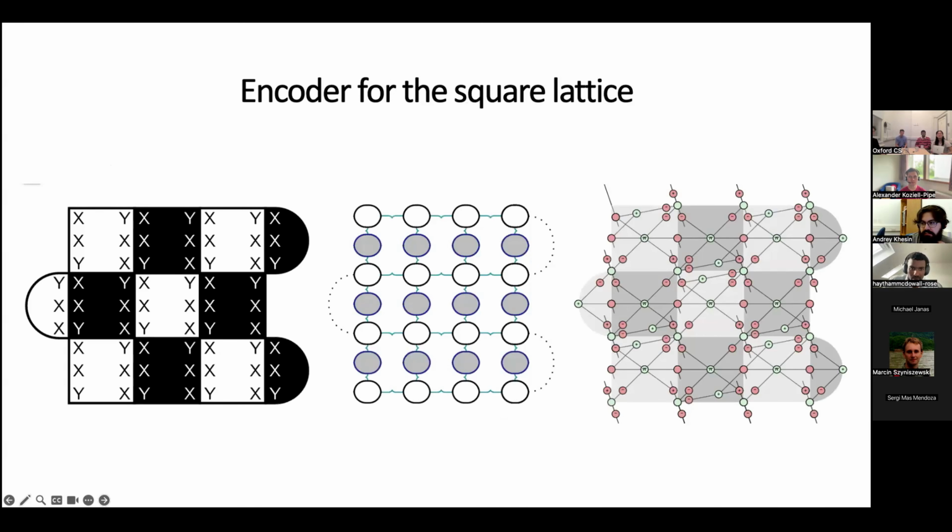But when we draw an encoder, we also need to say how the logicals work. So we had to calculate what the logicals are in this case so that we could get an encoder diagram. That was something additional in the ZX picture that required us to calculate extra information. Oh, I see. That's really cool.